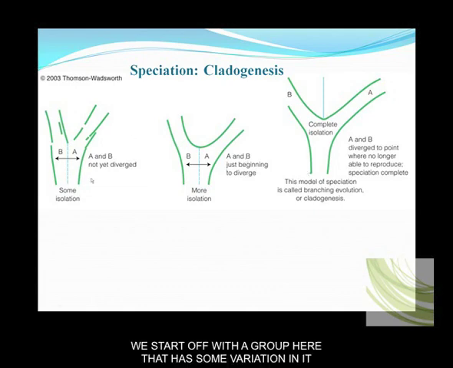We start off with a group here that has some variation in it that isn't really isolated. Over time, they experience more isolation, and we'll start to see the ones that are more like B become more different from the ones that are more like A. Eventually, over time, A and B will become completely isolated from each other, and then we'll call them totally different species.